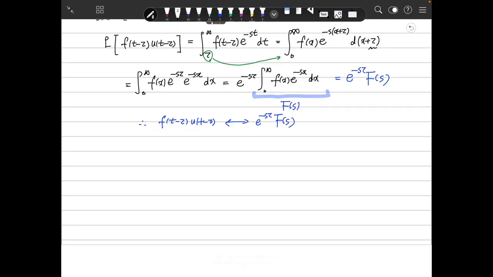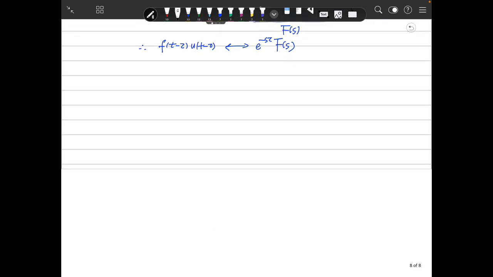We have an example. Example 14-1. g t is 1.5 t u t minus 1.5 t minus 10 u t minus 10.